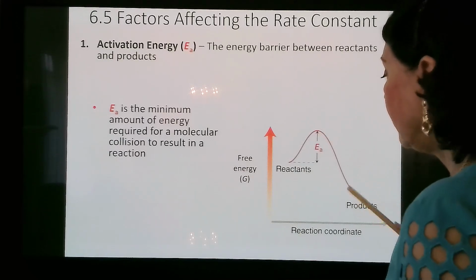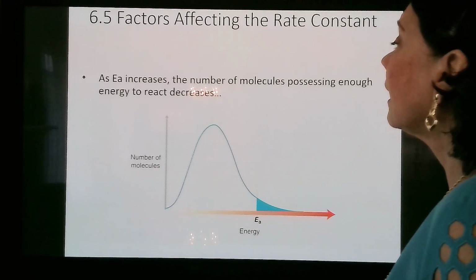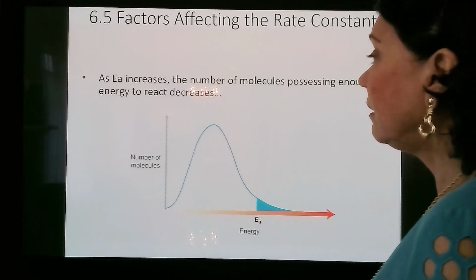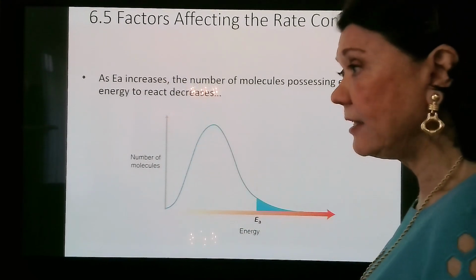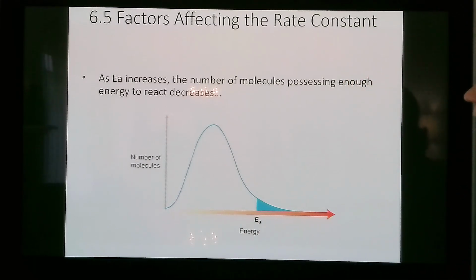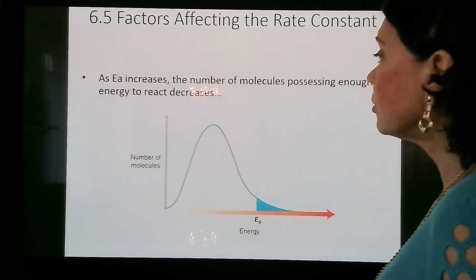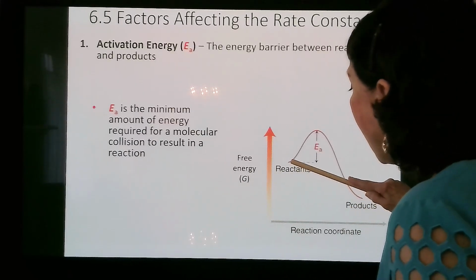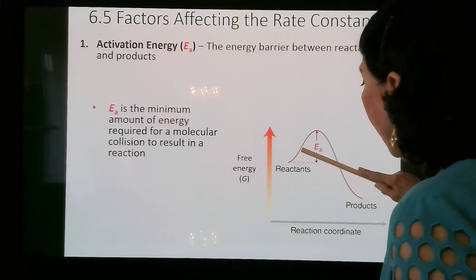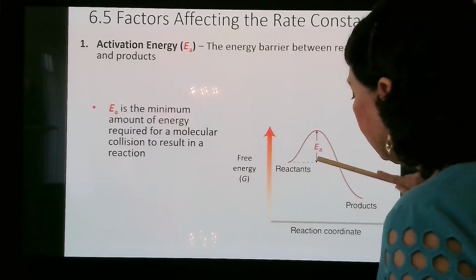So that's the pathway that's shown by that red line. As the energy of activation increases, the number of molecules possessing enough energy to react decreases. Now let me go back. What we're talking about, remember, is the barrier here, the height of this energy hill. This is E sub A.